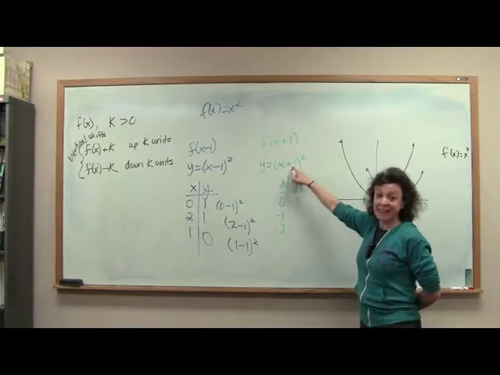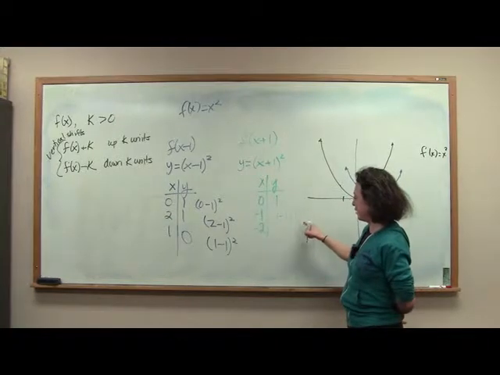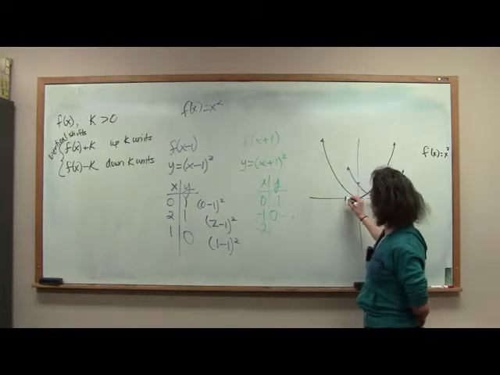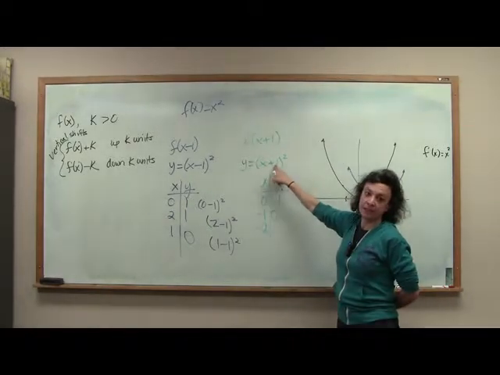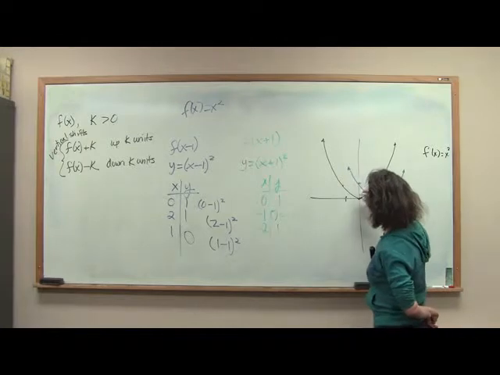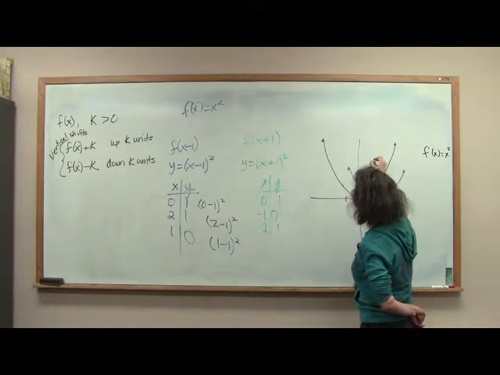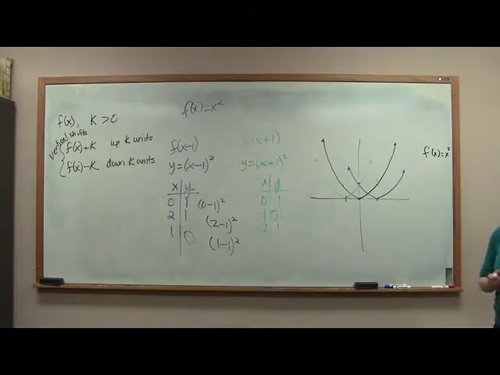If I plug in negative 1, well, negative 1 plus 1 is 0, and you square it and you get 0. And negative 2 plus 1 is negative 1, but again, when you square it, you get a positive number. So sure enough, life worked out.